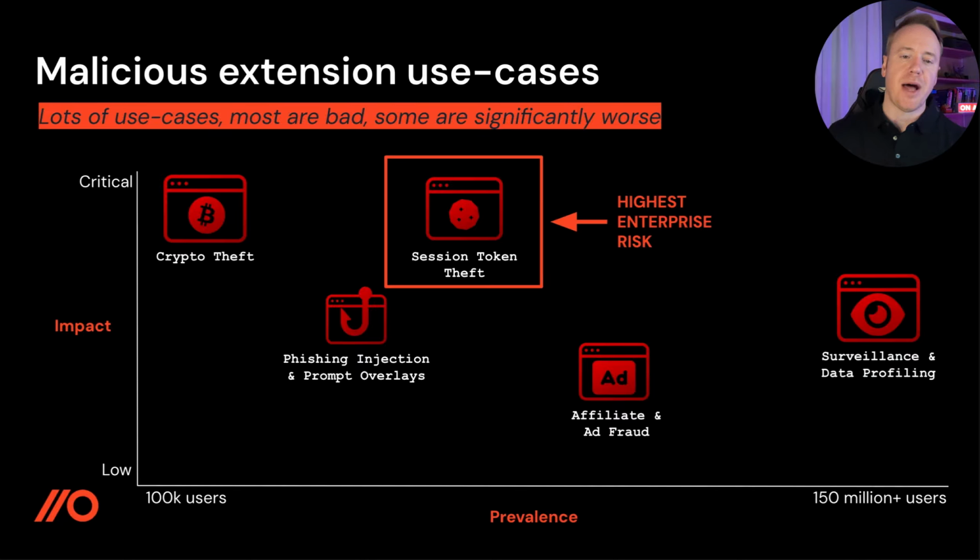And if we were to plot these out, as you see on the screen, the most prevalent extensions that we've seen based on our research involve surveillance and data profiling, affiliate and ad fraud. Those seem to be the most common types of extensions, while of course, session token theft in terms of risk would be kind of the most critical, right?